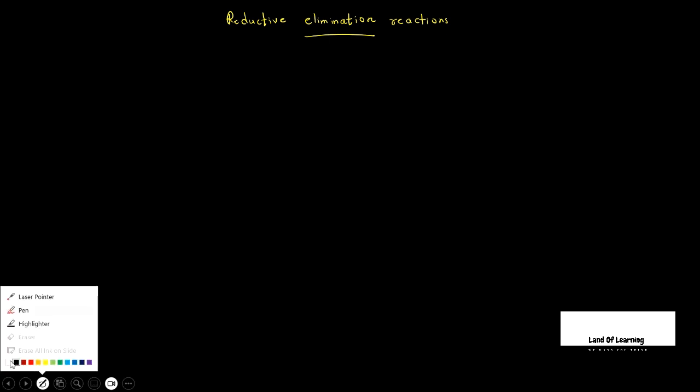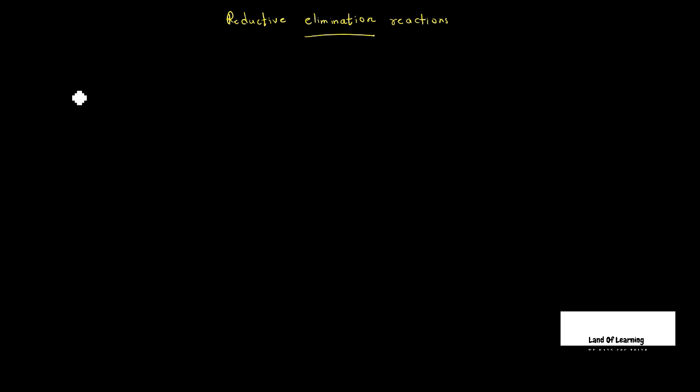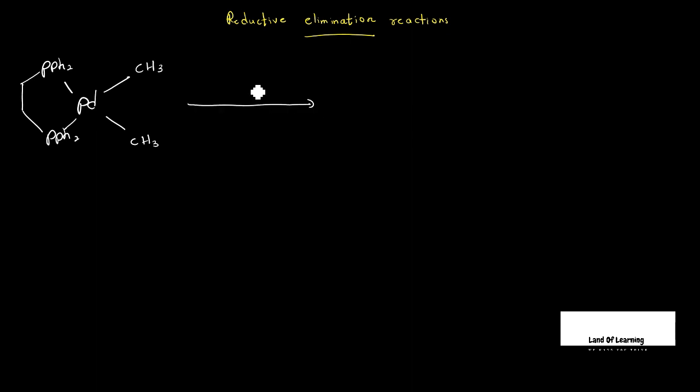So let me take a new slide. Okay, so here we are going to talk about reductive elimination. First, I'm going to explain this using a simple example. Let's take a complex like this. Let's take vanadium, and we have a ligand like this one, and we have two methyl ligands. In order to undergo reductive elimination, we have to heat this up.